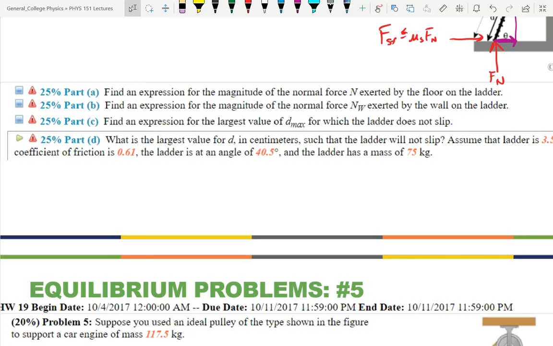As you climb up the ladder, about that base, you're creating more and more torque to try to make it rotate, which requires the force of the wall to increase greater and greater. But if the force of the wall becomes bigger than the maximum static friction force that it can support, it's going to accelerate away from the wall.